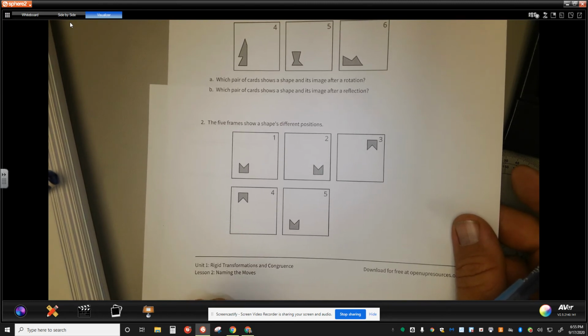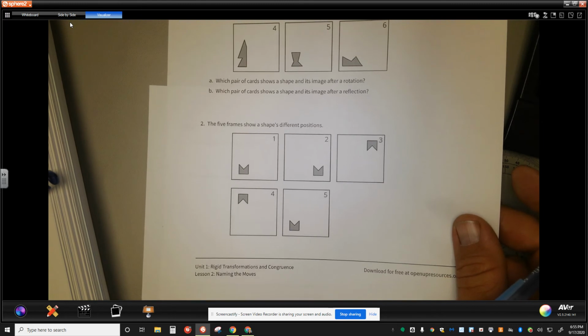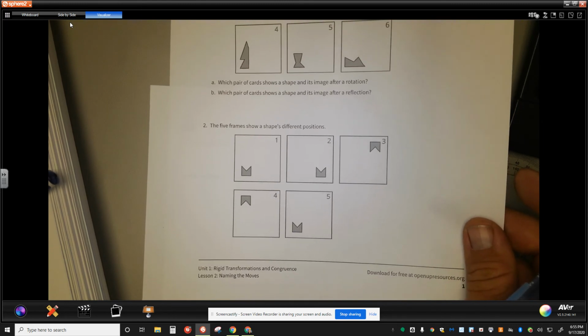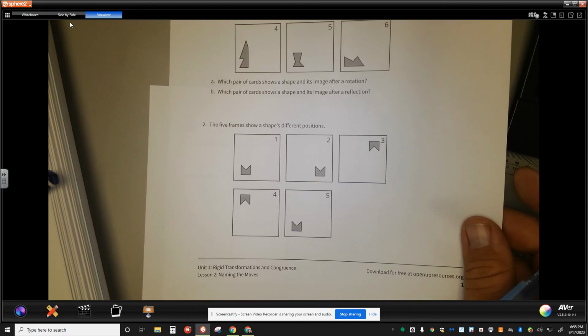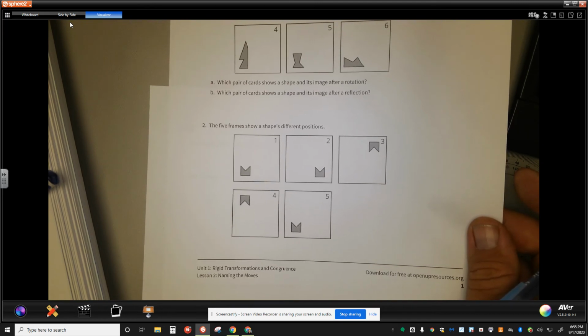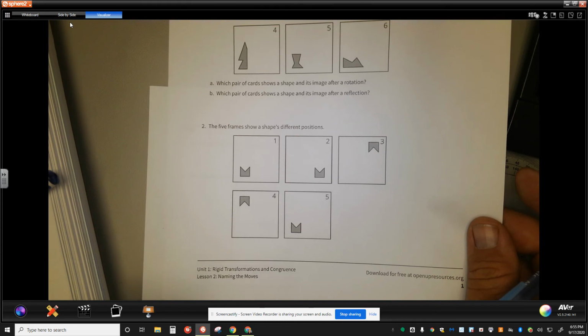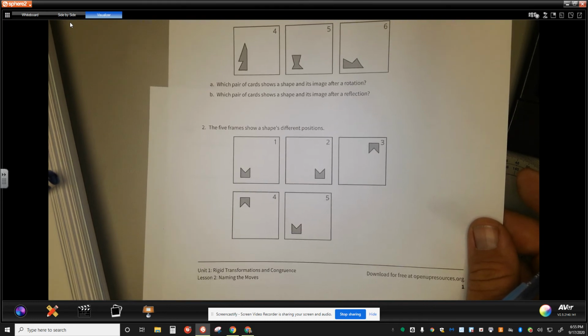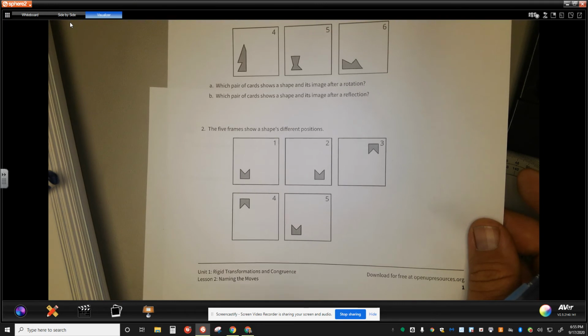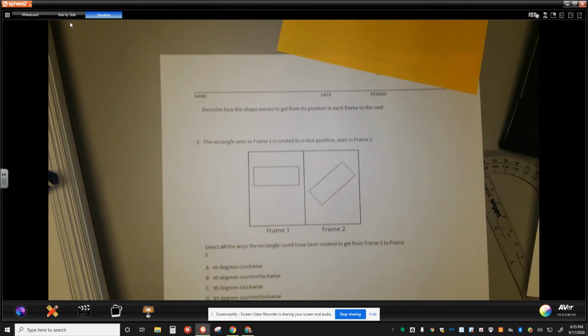The magnitude is the measurement of the degrees. The direction is clockwise or counterclockwise. The translations are up, down, left, or right. I shouldn't see any of your responses having sliding or moving up or down or whatever. I should only see the move being translate or rotate or reflect.